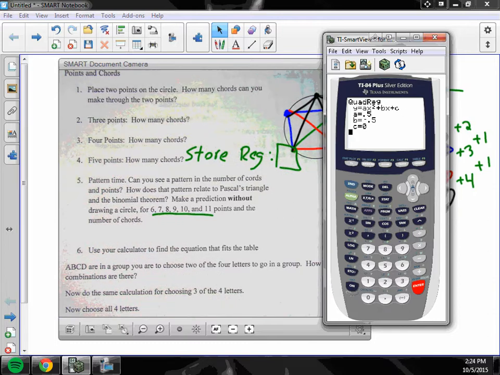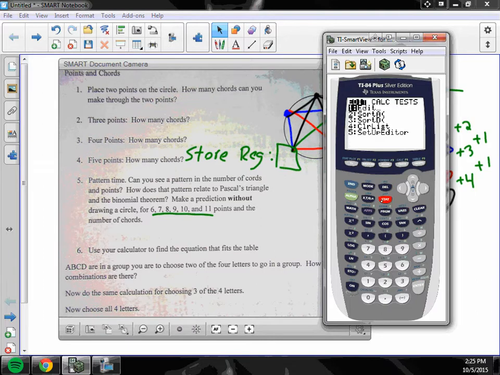Now, if I'm outrun, don't worry about it. What? Did it work? So go back here. So quadratic regression, variables. Stat Calc number 5. Go down to store regression equation.